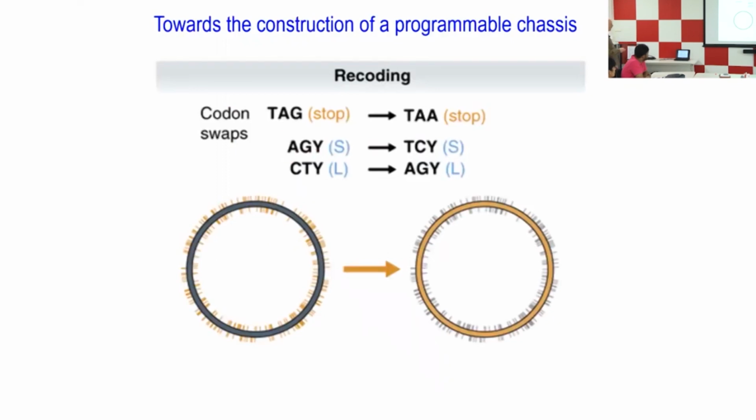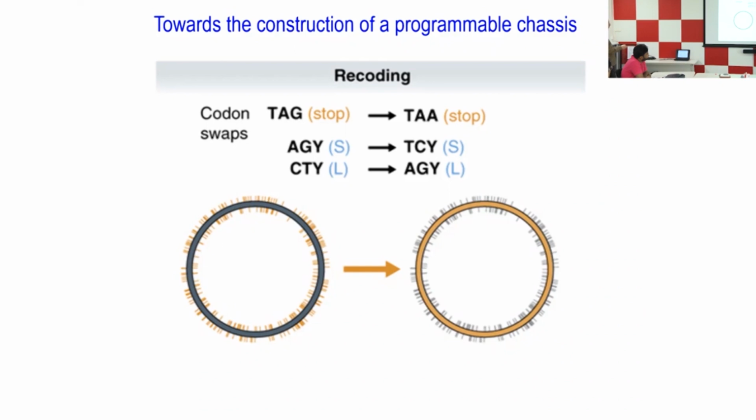By making these site-specific changes, remember also that you can generate chassis in different bacteria where you modify one or more of the triplets of the whole chromosome, and liberate some meanings for some of the triplets for other things that you might be interested in.